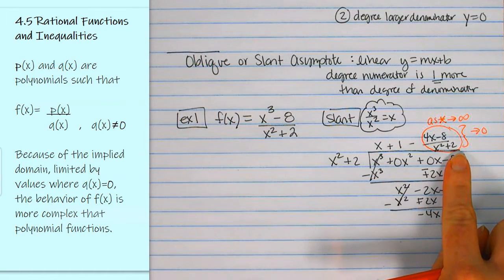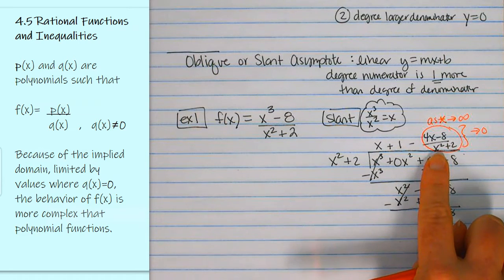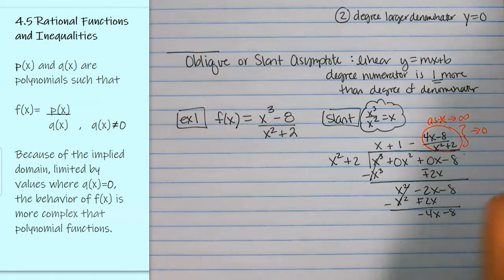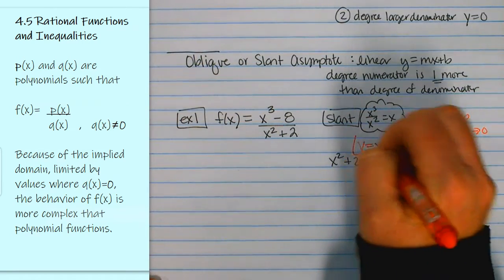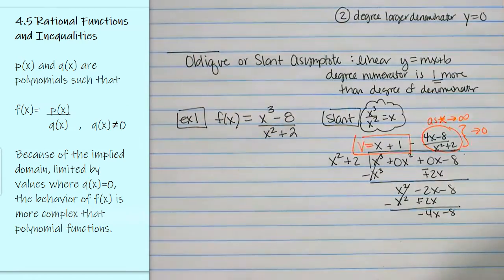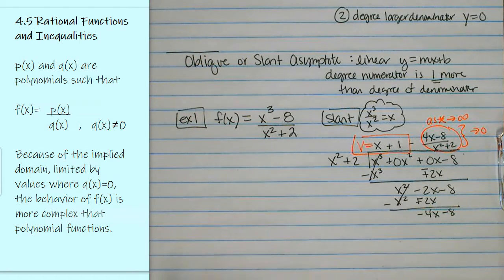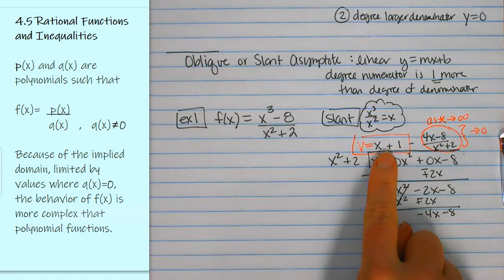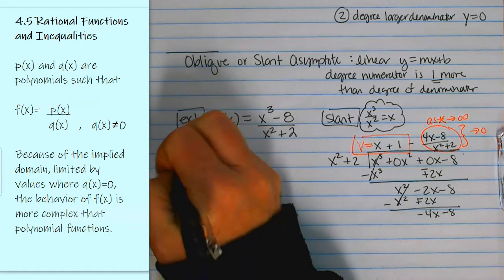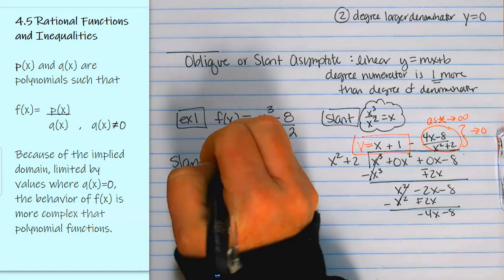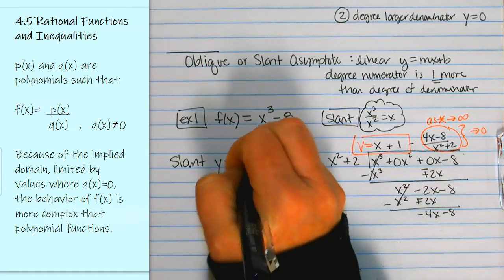This actually means nothing as my function gets really large or really small. So what is my line? My line is y equals x plus 1. So let's graph this and see if this function follows this line with its end behavior. So my slant asymptote here is y equals x plus 1.